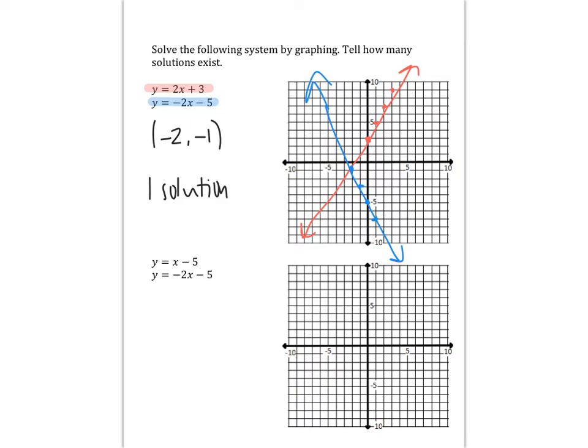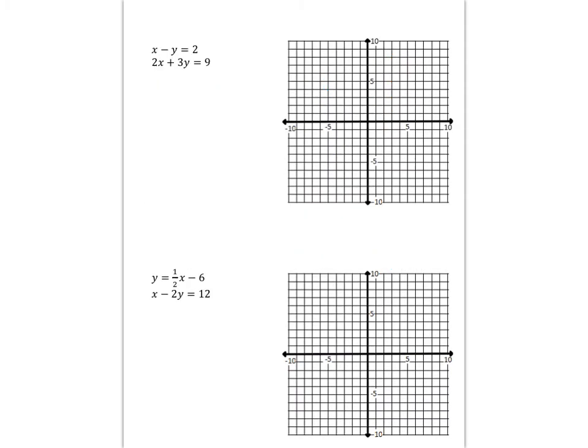Let's go ahead and look at a different type of setup on the next page. So now with this example, we are still going to do the same thing. We want to see if there's a solution, but now the examples are in standard form, which is ax + by = c. And to graph these, it might be easier to get them into slope-intercept form, which is y = mx + b.